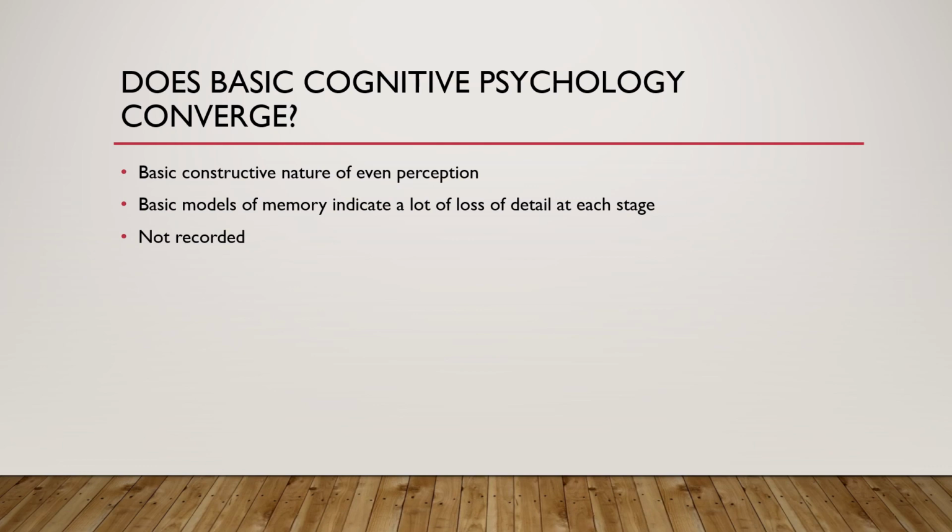Another finding in cognitive psychology, of course, is that none of these cognitive processes involves recording the scene or the stimuli at all. It's much more constructive than that. Another finding in basic psychology is that epinephrine tends to increase the strength of a memory, although that memory is still vulnerable to decay, of course.